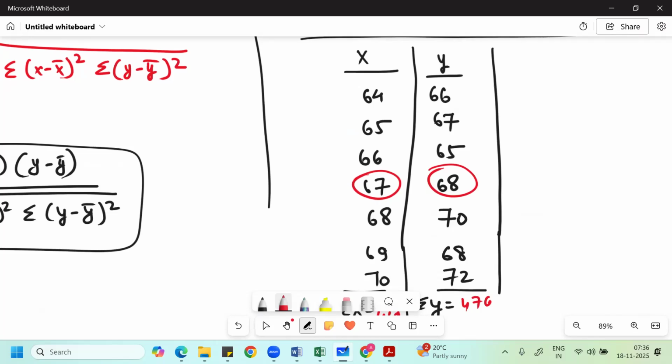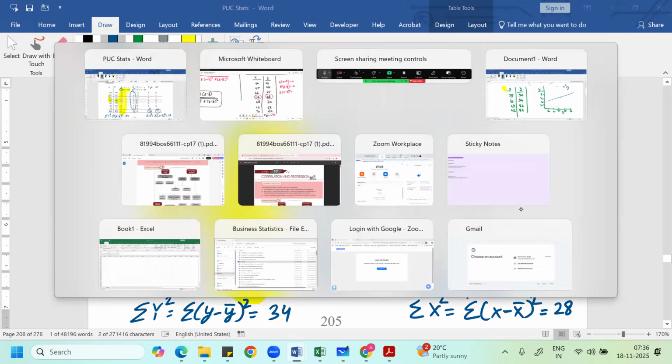And then what I'm getting: the sum of x minus x bar will again be 0 only. The sum of y minus y bar will also be 0 only. Then I did the sum of (x minus x bar) whole square, and this sum I'm getting as 28.